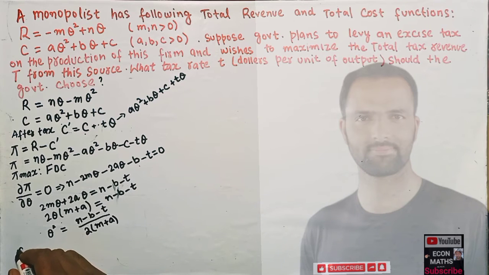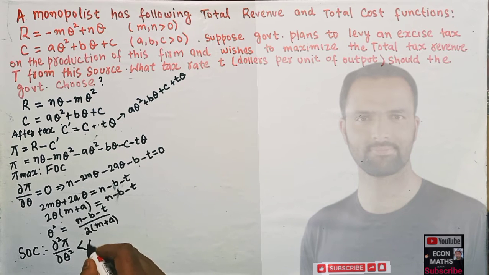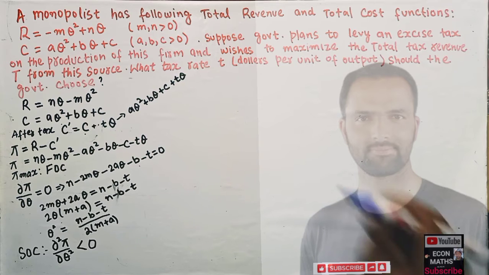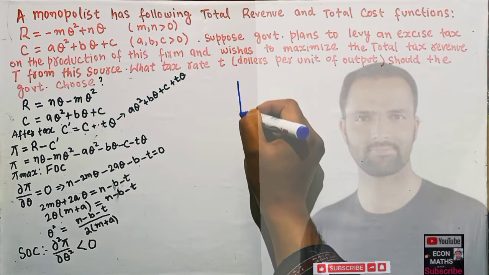Now what is the second order condition? The second order condition tells us that the second derivative of the profit function with respect to quantity should be less than 0. Why are we using these two properties? Let me explain it here.